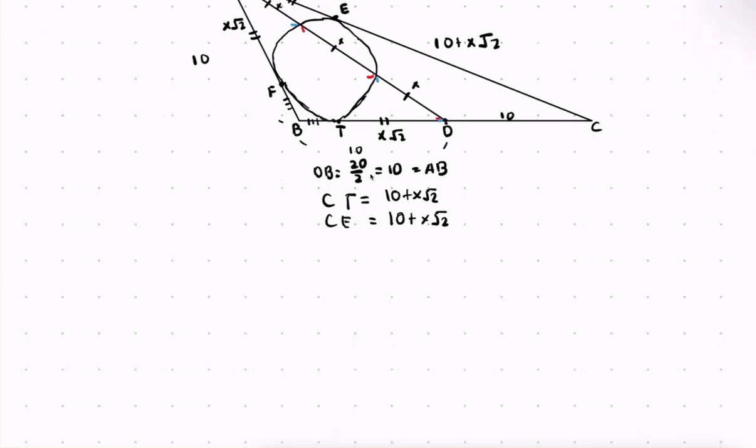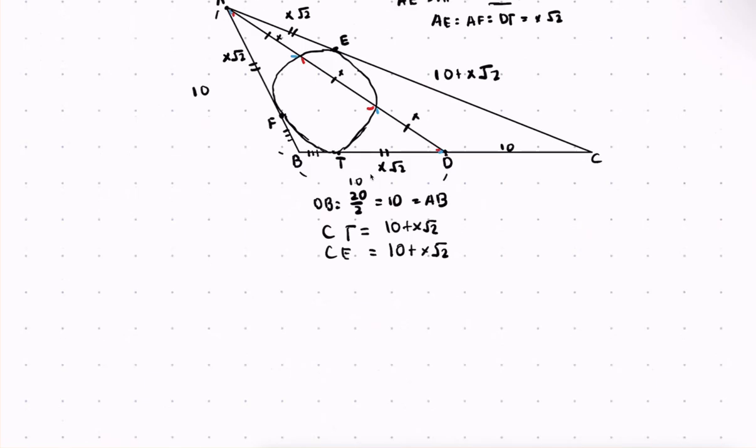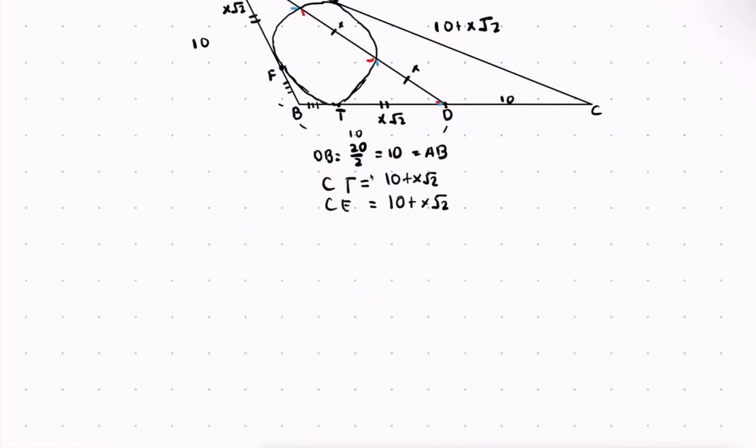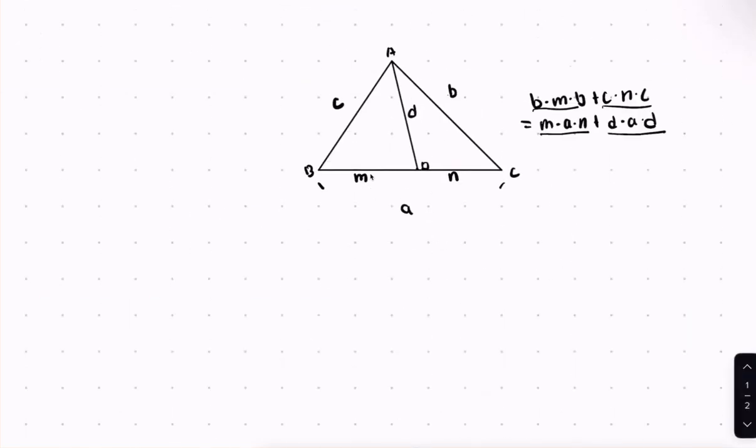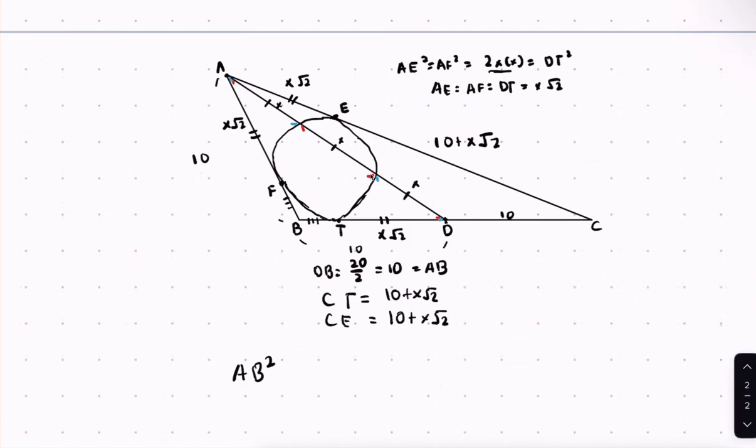Now, let's try to use Stewart's theorem. Let's write it in terms of side lengths. We will find that it's AB squared, which was the C in our original equation, which is AB now.